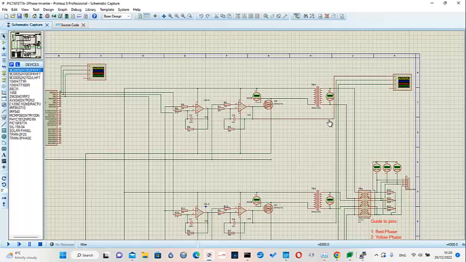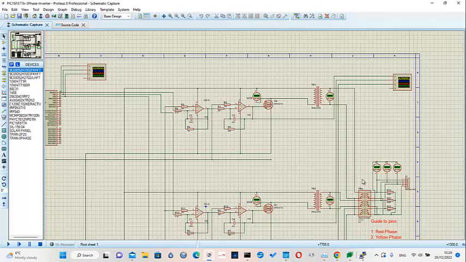Finally, as this is a three-phase design, I am using a three-phase transformer, and you'll see that the phase to neutral voltage is 230 volts RMS, but as in any other three-phase system, the phase-to-phase voltage is 400 volts, because 230 times the square root of 3, which is a little more than 1.7, is 400 volts.